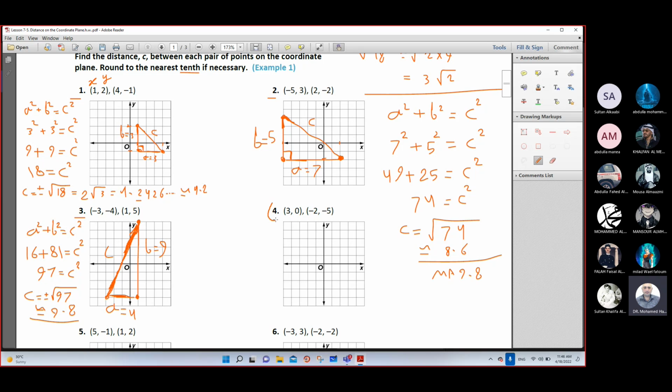I want from all to try to solve number 4. I will draw the figure, then you can solve the distance. The first point here, as you see, you have a 3 in x, 0 in y. This is 3, 0. And here, -2, -5. Then match between the 2 points.